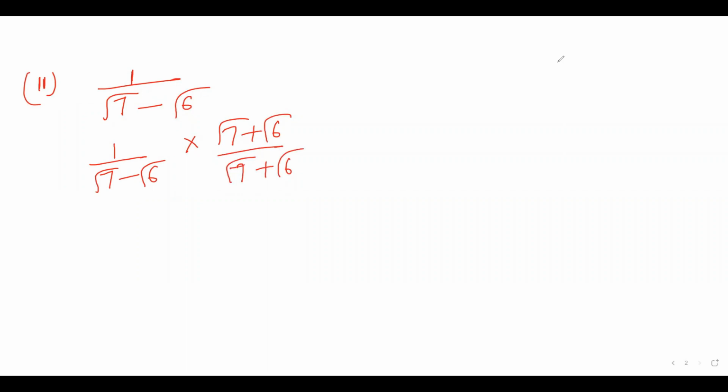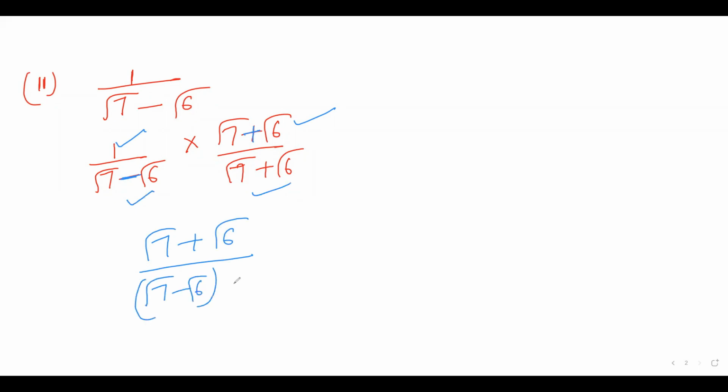You have to take the opposite sign. You are having minus, so opposite sign would be plus. Multiply and divide. Numerator into numerator, root 7 plus root 6, and denominator into denominator, root 7 minus root 6 into root 7 plus root 6.